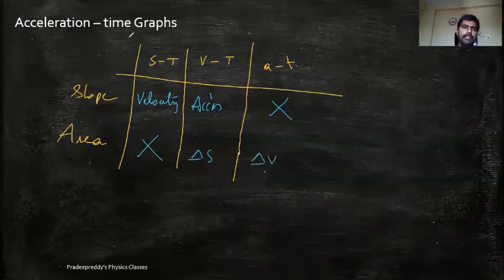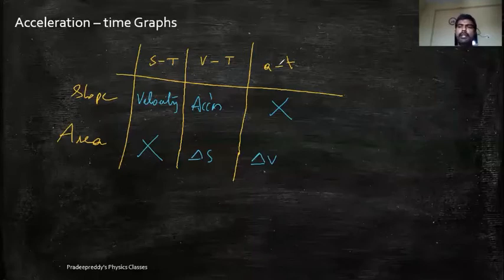Right? So this is one important conclusion which you need to remember from previous lectures, because we will be using these concepts in solving problems today. So slope of ST graph gives you velocity, slope of VT graph gives acceleration, slope of AT graph gives nothing, because acceleration by time, we do not have any such physical quantity in kinematics.